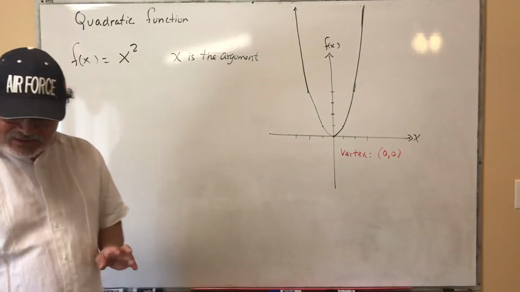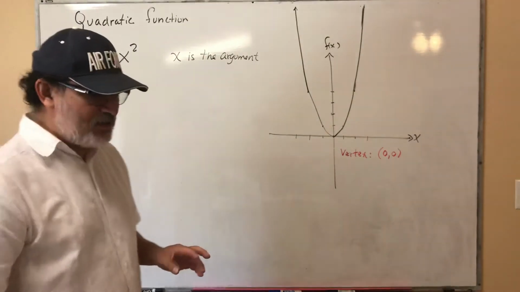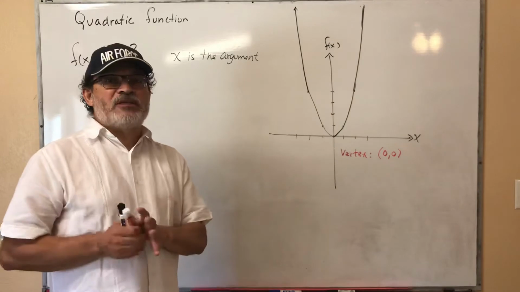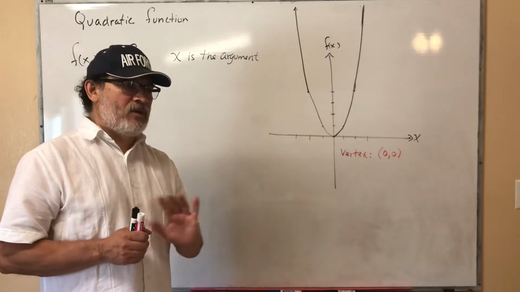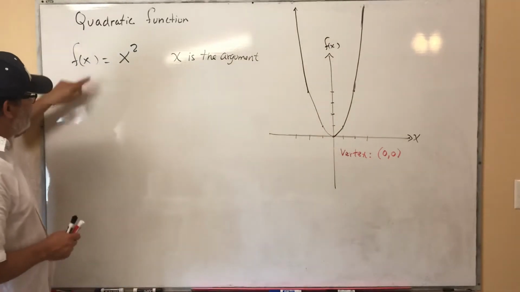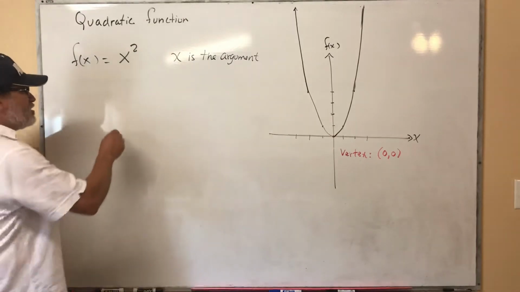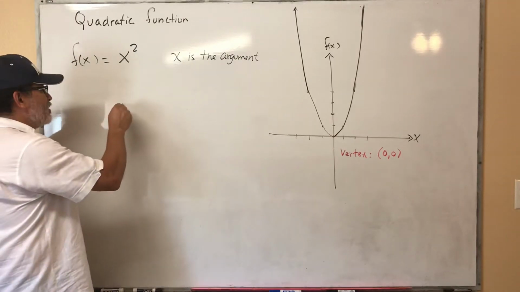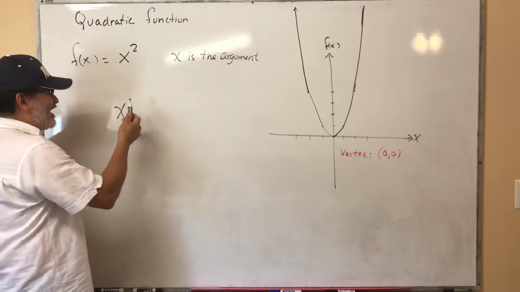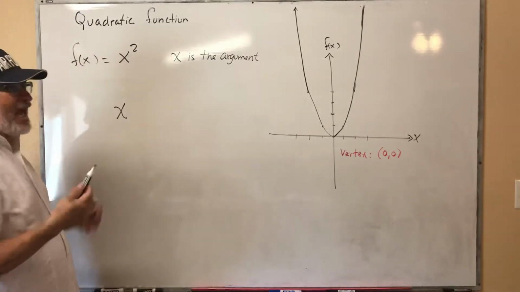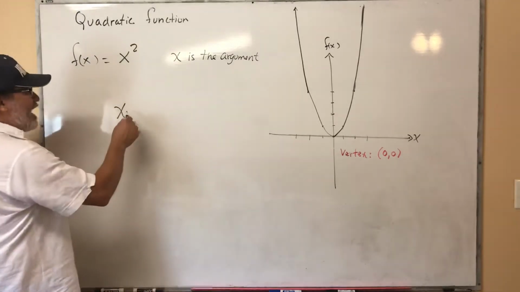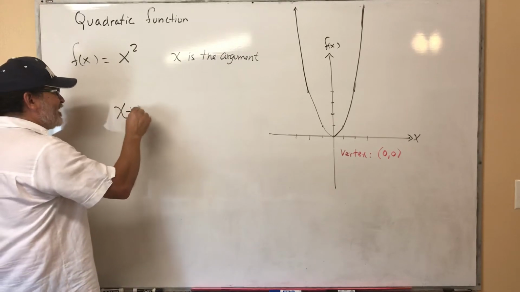Watch what happens if I take the argument and I come up with a new argument. I'm going to take this argument x, and I'm going to add or subtract to the argument. Here I'm going to add 2.